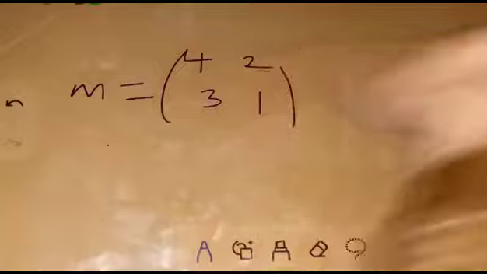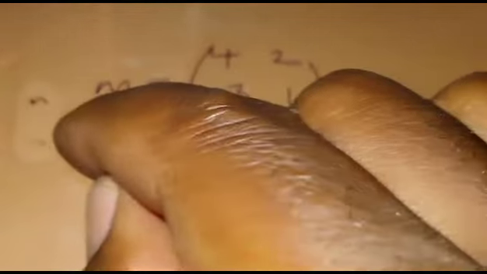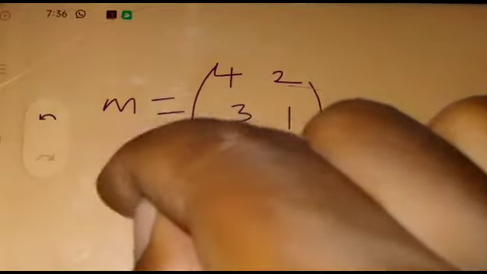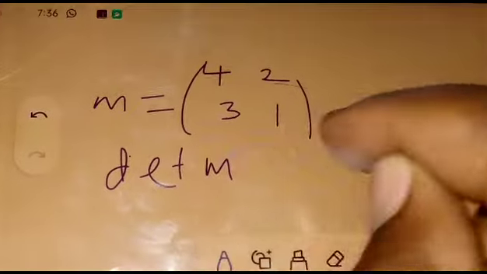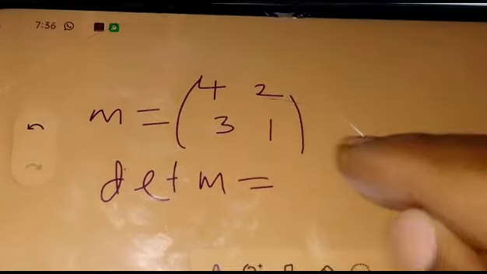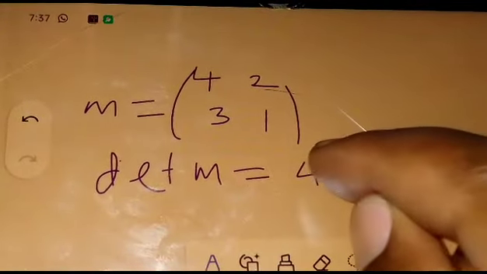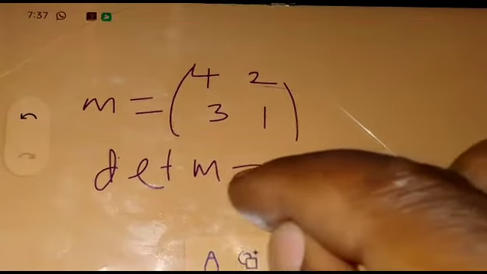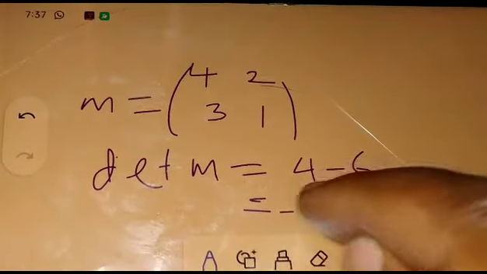You're told this matrix is M, and you're told to determine the determinant of this and hence the inverse. Okay, so let's get the determinant. The determinant of M will be, you multiply 4 and 1, then take away 3 times 2, so you have 4 minus 6, and this gives us minus 2.